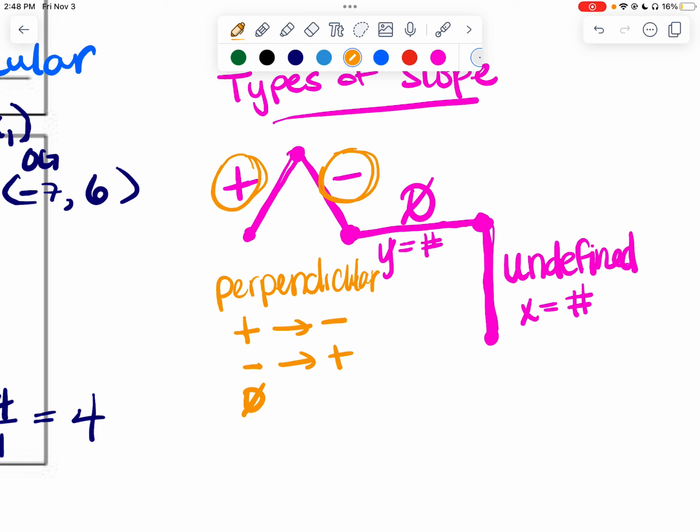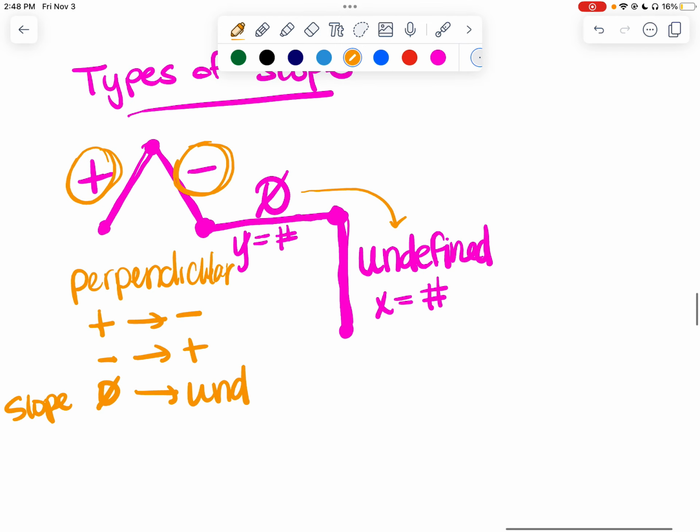Well, in terms of slope, if I start with zero slope, the opposite is actually going to be undefined. This happens because the opposite of a horizontal line is a vertical line, right? Vertical. And vertical lines have an undefined slope.